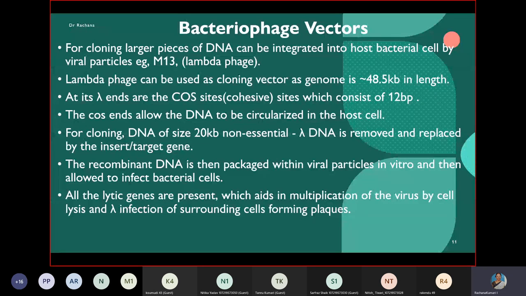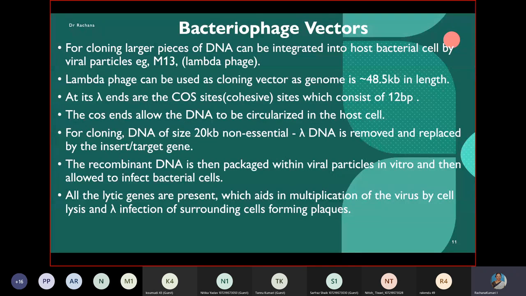And we know in the lytic pathway, as soon as the phage DNA enters the bacterial cell, it can go either lysogenic or lytic, but in the lytic cycle, it takes over the bacterial host machinery. By taking over, it starts replicating, synthesizing its own material that is required for the production of progeny phages.